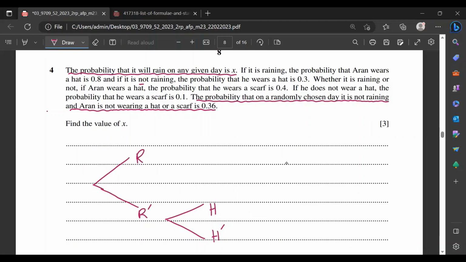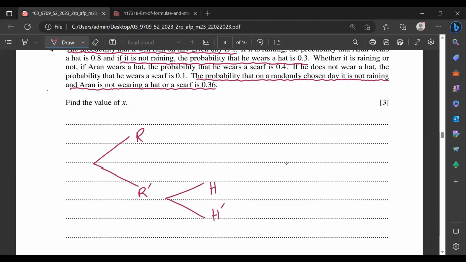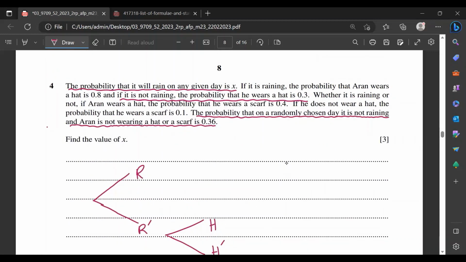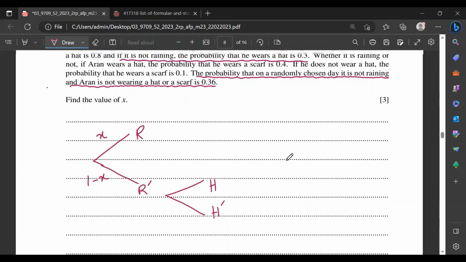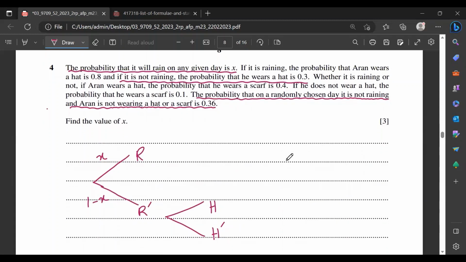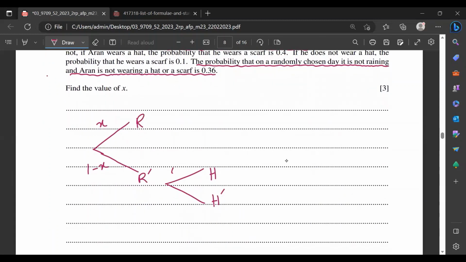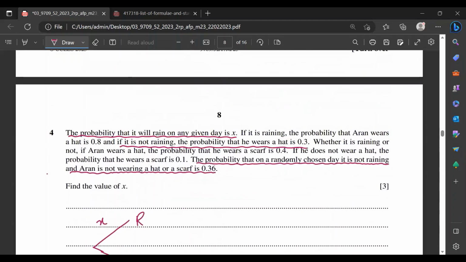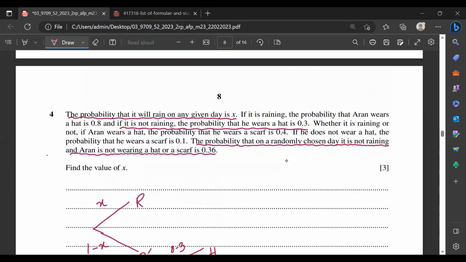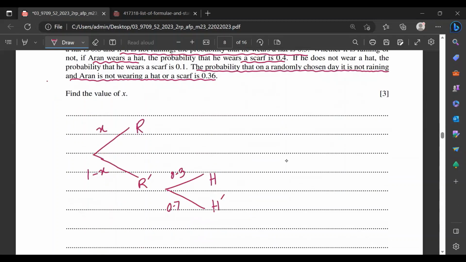If it is not raining, the probability that he wears a hat is 0.3. The probability of raining is X, and the probability of not raining is 1 minus X. The probability of hat, if it is not raining, is 0.3, and no hat is 0.7. Next, whether it is raining or not, if Aaron wears a hat, the probability of a scarf is 0.4.